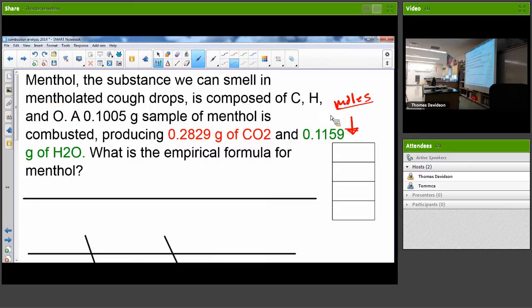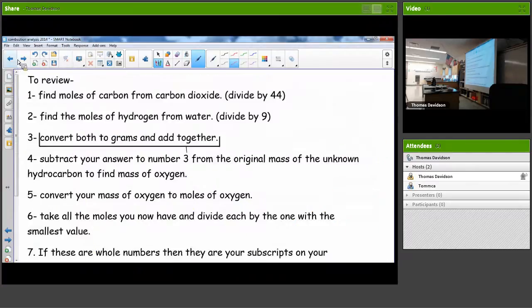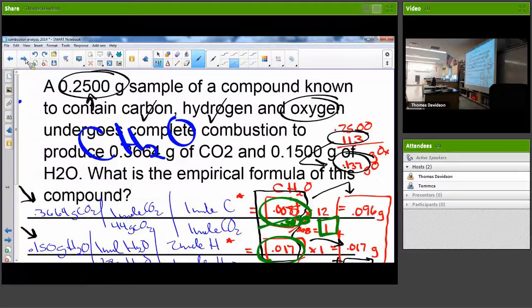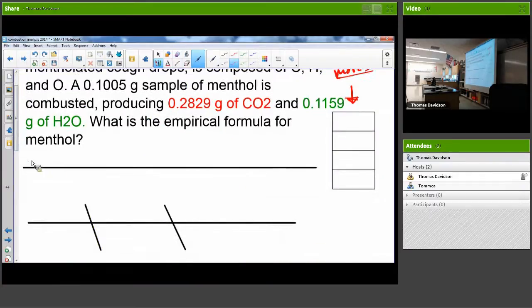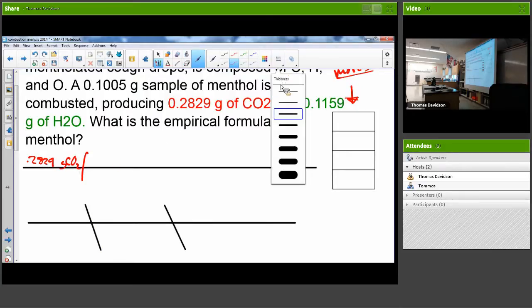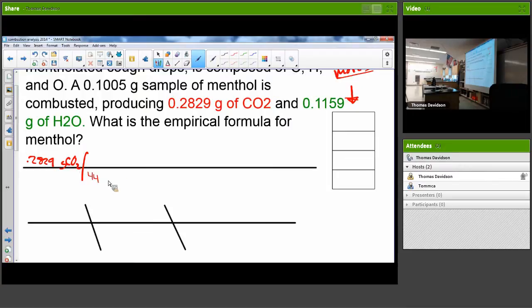Here we go. So the first step I told you to do in these, find the moles of carbon from carbon dioxide. I'm going to take my 0.2829 grams CO2. And this is 44. I would, if I were you, put point something something. I'm going to round it because I'm lazy.